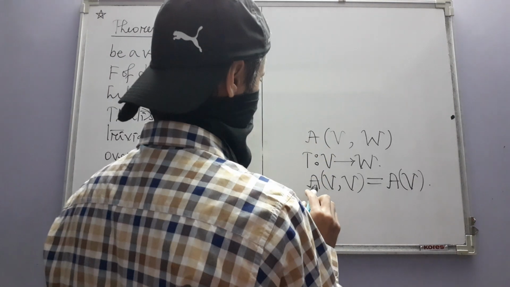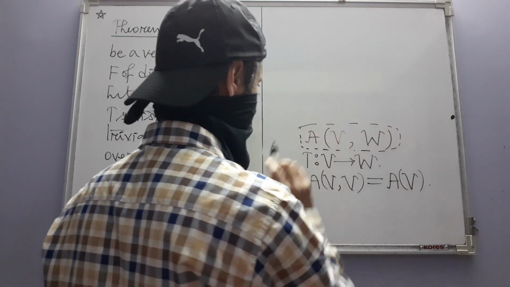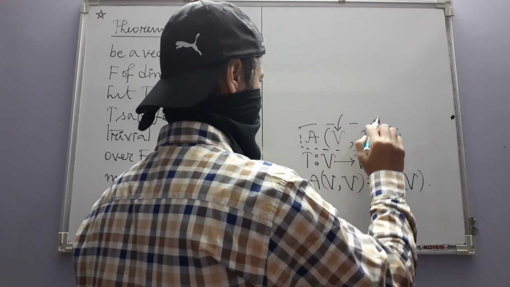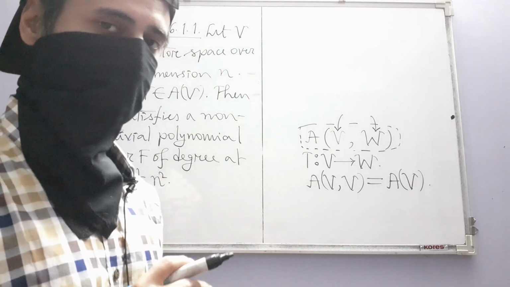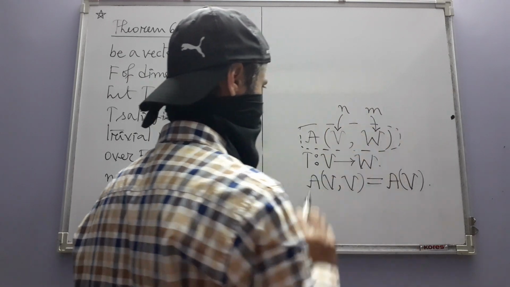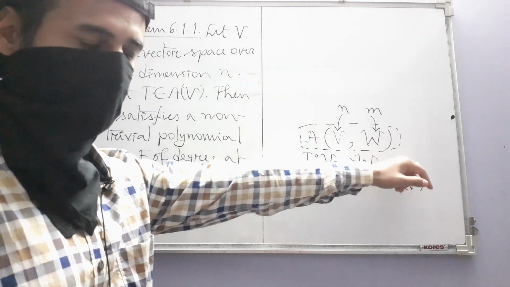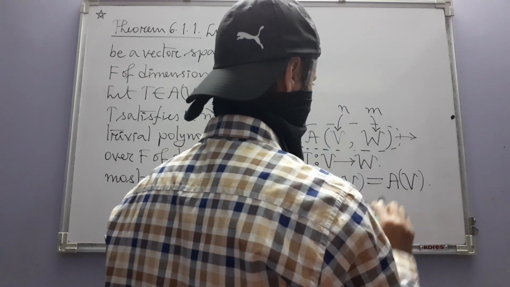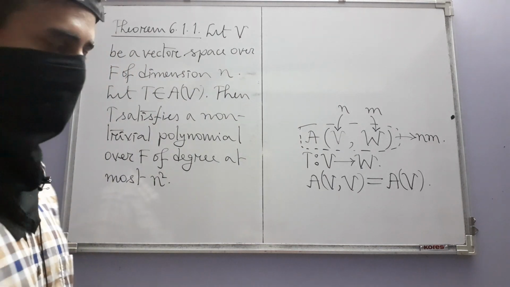So if you remember, when we studied this in the vector space theory, we proved that if these are themselves finite dimensional vector spaces, say V is n-dimensional and W is m-dimensional, then this vector space of linear transformations from V into W is itself finite dimensional, and its dimension is the product of n and m.